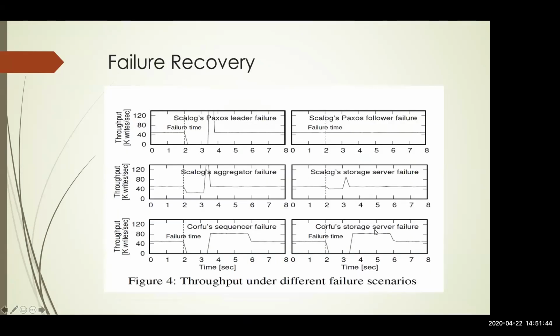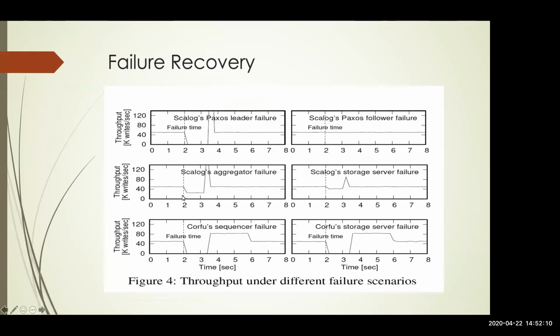Then how failure recovery has been compared. Each component has been dropped to see how it behaves. In case of Paxos leader failure, there is some downtime, but there is no downtime when a Paxos follower fails.